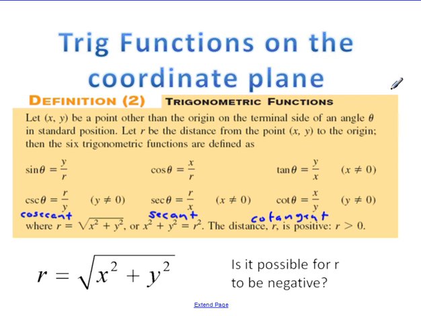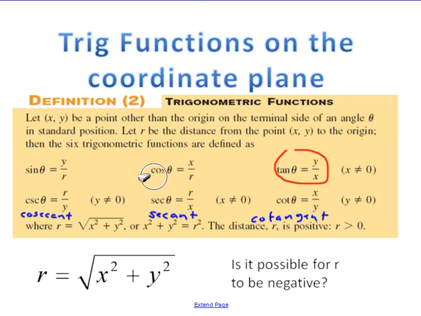Alright, trig functions on the coordinate plane. Here are some things you want to look at. We actually just covered these three on the previous slide. Now, there is something new here, however.